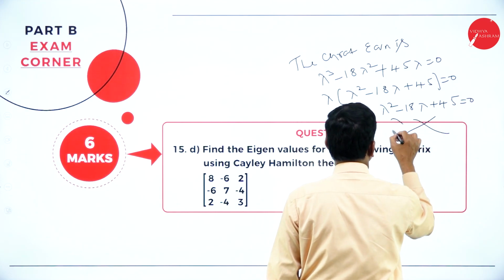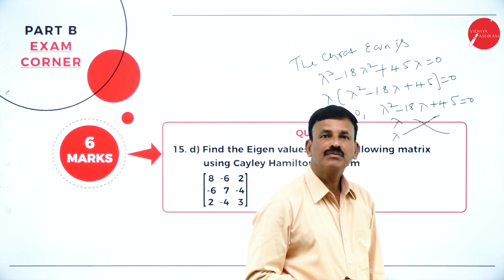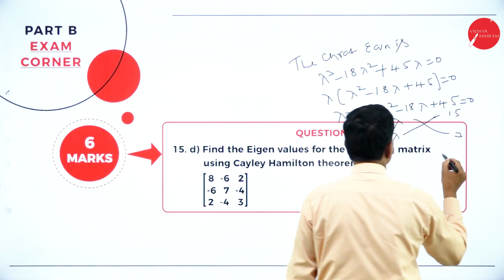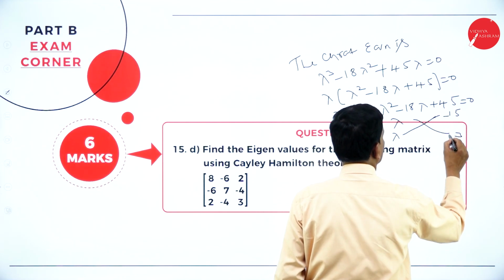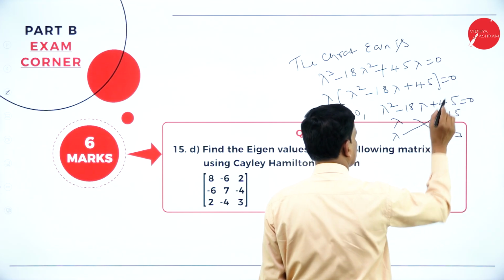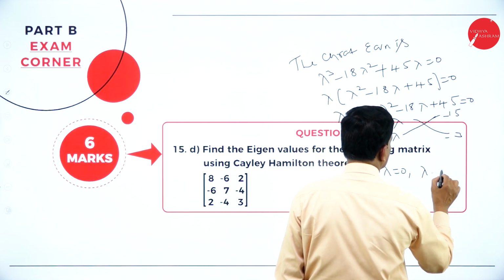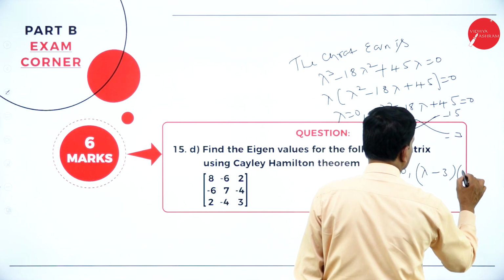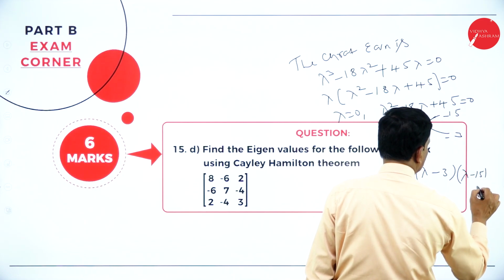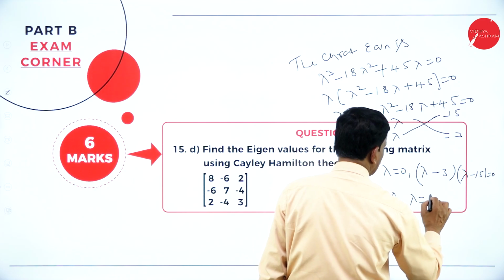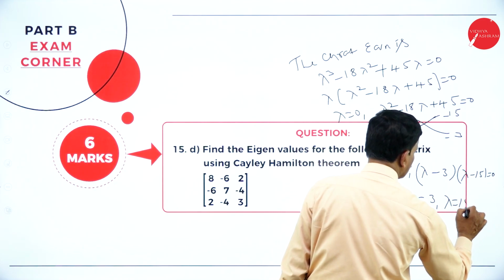So this can be lambda into lambda. 45 can be factorized as 15 3s are 45. So both are negative, minus into minus plus. So therefore lambda is equal to 0 and the factors are lambda minus 3 and lambda minus 15 is equal to 0. So lambda is equal to 0 or lambda is equal to 3 and lambda is equal to 15.